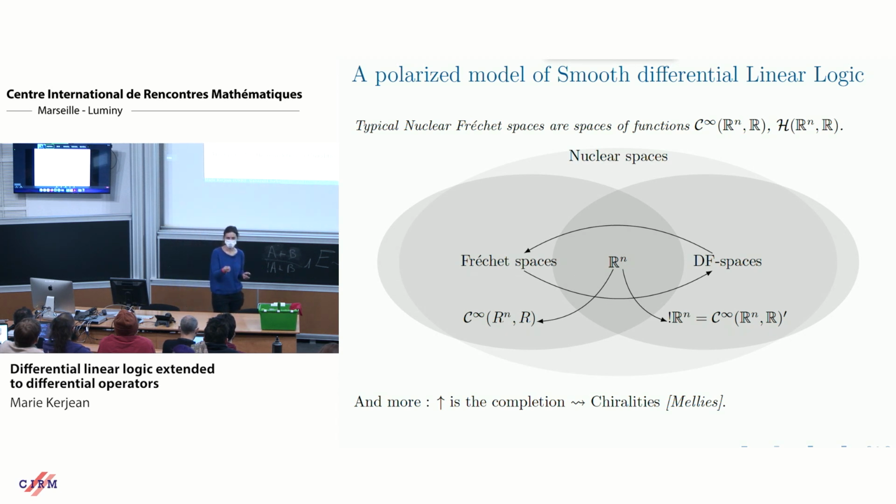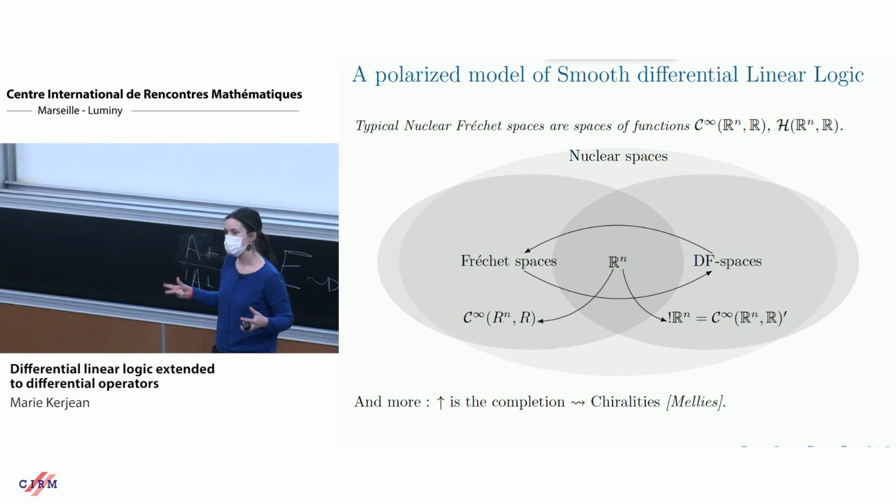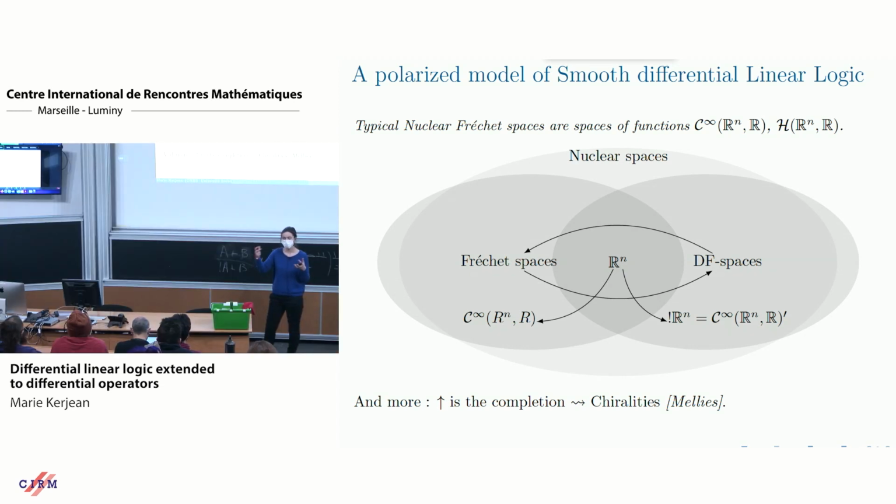The dual of a metrizable space is not metrizable anymore. So in fact, you won't have a denotational model of linear logic as you may have seen, but you will have a model of some kind of polarized linear logic, meaning you have two categories which interact well. One kind of topology goes with positive connectives, and one other kind of topology goes with negative connectives.